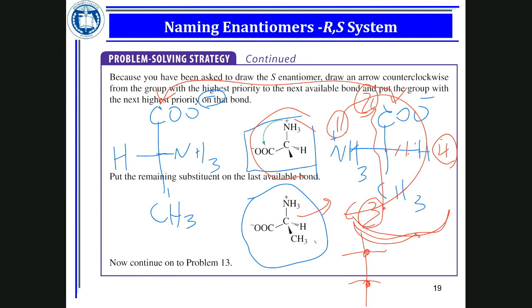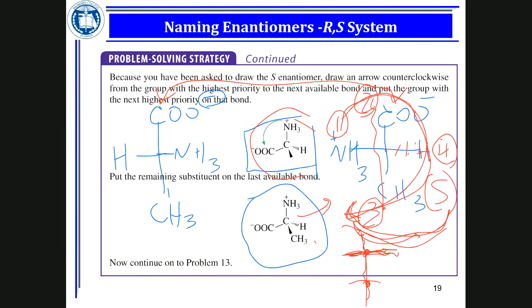For Fisher projection, when you are using crossed lines or perpendicular lines to present the molecule, what goes on vertical line is the carbon chain, and the other groups would go on horizontal line. The vertical lines are going away from you, and the horizontal line is coming toward you. Because the hydrogen in this structure is coming toward you, a clockwise, okay, this is a clockwise, and hydrogen coming toward you, then the structure is going to be S. And we started with the S structure.